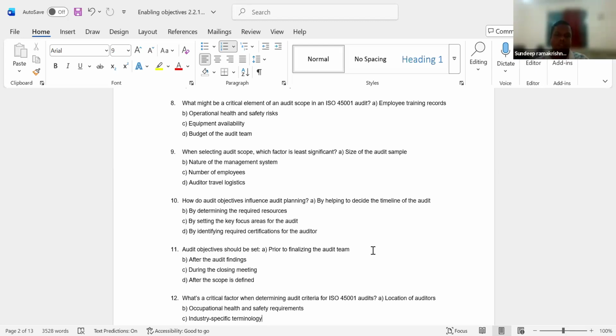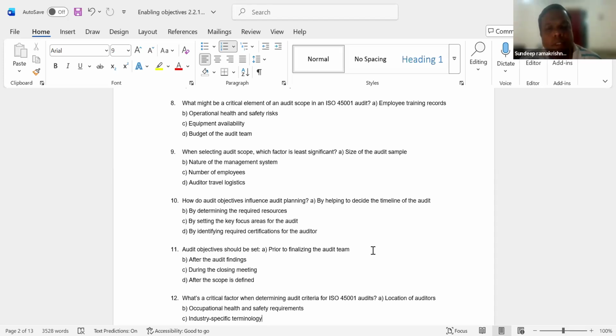First, what is the process happening? Then, what you want to audit and achieve. That is the right answer. Sometimes you will be confused whether it is prior to finalizing the audit team.